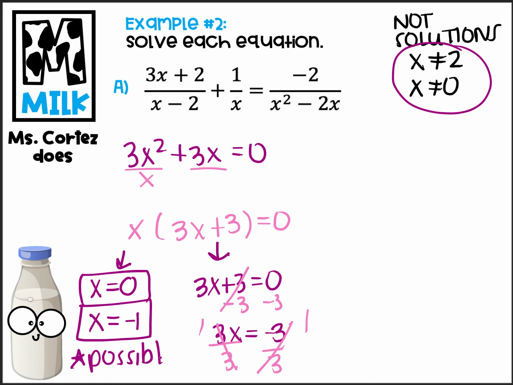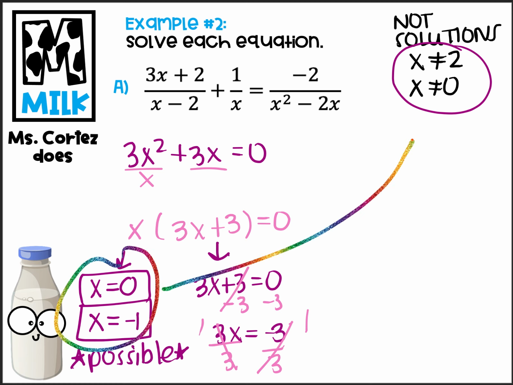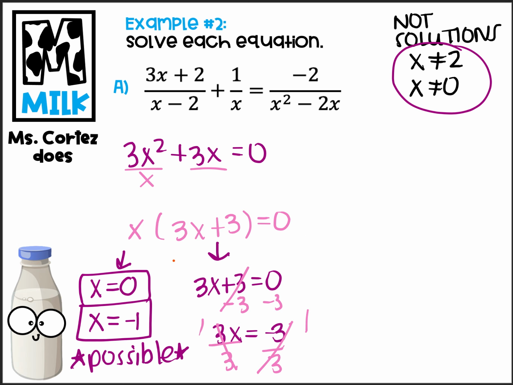Now, my third step, remember to check it. Are any of these solutions part of my not-solutions? Yes, the 0. The 0 is not a solution, and my only solution is going to be x = -1. Or in solution set notation, it's just {-1}.